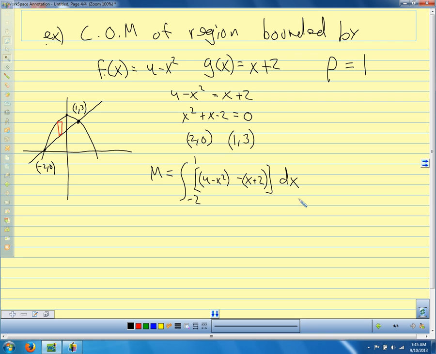Not a difficult integral to evaluate, and we're going to say rho equals 1, so I'm not even going to put it into the calculation. So when I evaluate this, I get 9/2. Not a difficult one to evaluate.